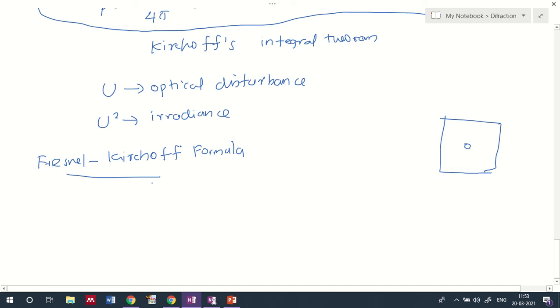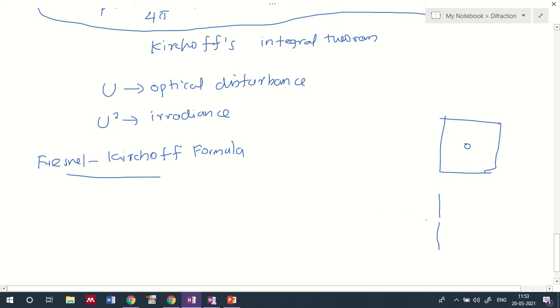We'll apply the Kirchhoff integral theorem to a general problem of diffraction of light. Here the diffraction is produced by an aperture. An aperture is a small opening where light can pass through. So, the diffraction is produced by a small aperture.